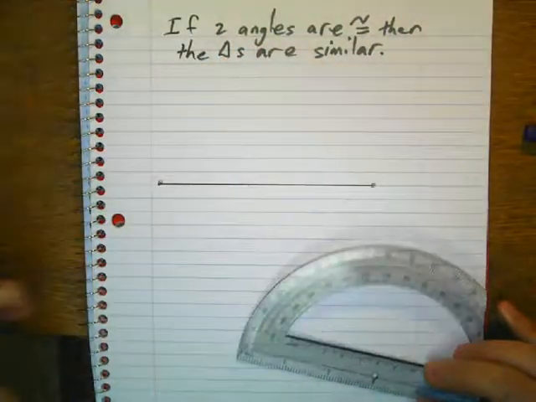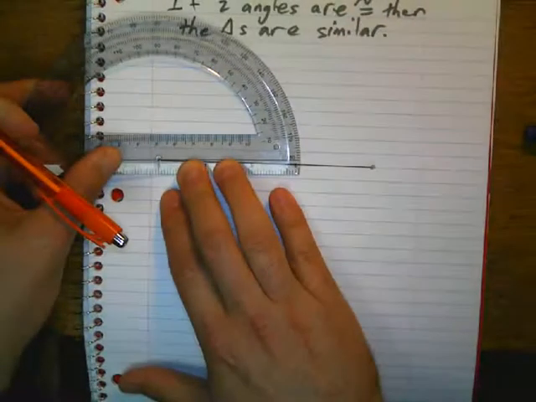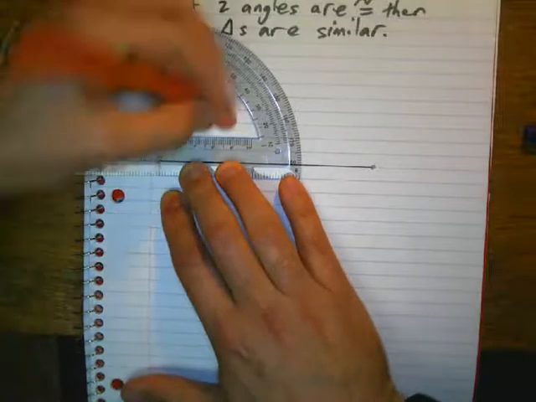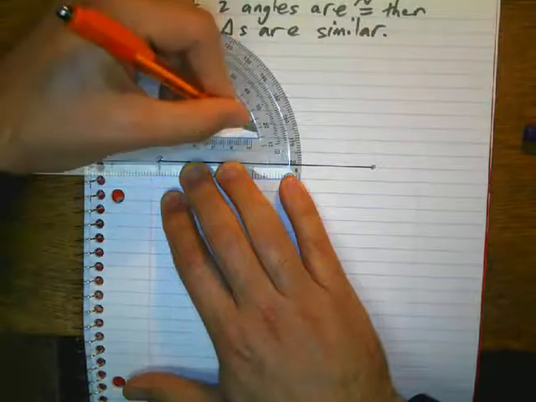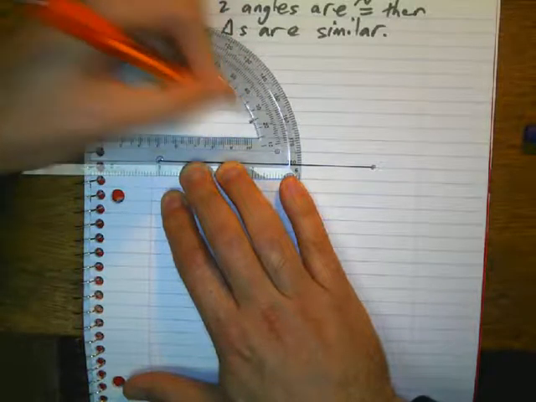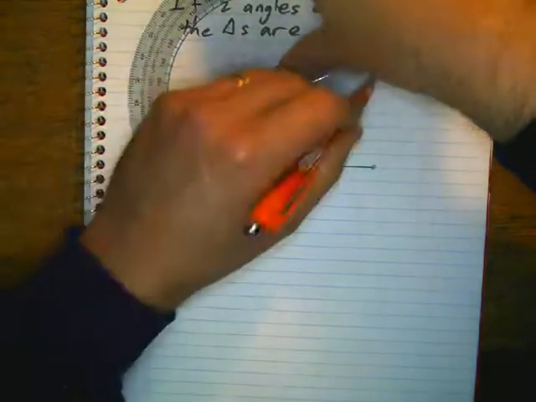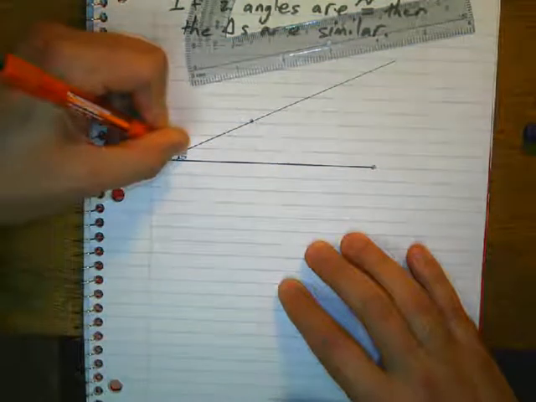Okay. So let's pick an angle. Let's just say I'm going to make this 25 degrees. So I can go there, and here's 20, here's 30, so 25 degrees. So I can draw a line here, and this is 25 degrees.